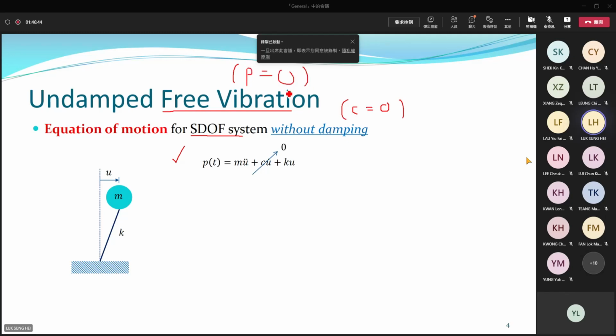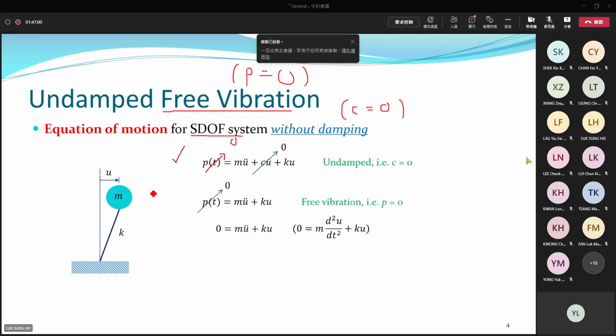So you can also put this condition back into the formula, P equal to 0. Then you have the equation of motion for an undamped system under free vibrations. Like this. This is the equation of motion for one undamped single degree of freedom system under free vibrations.